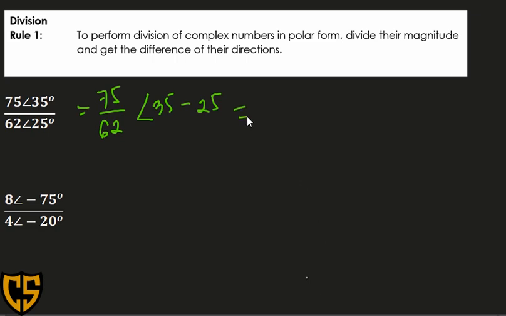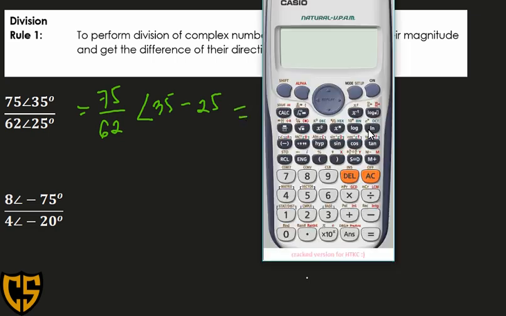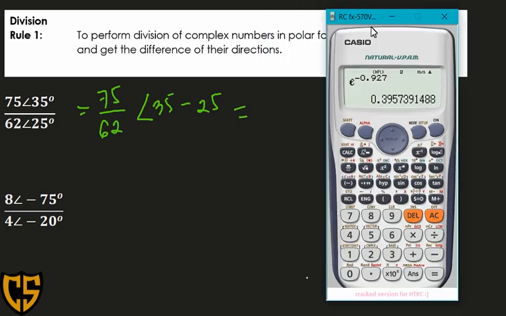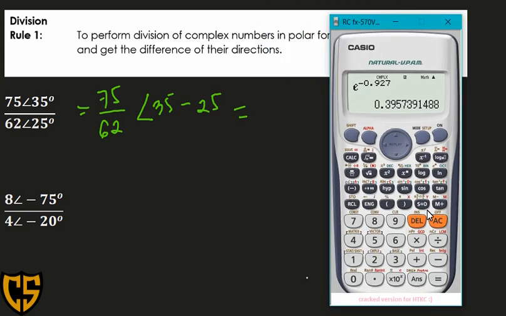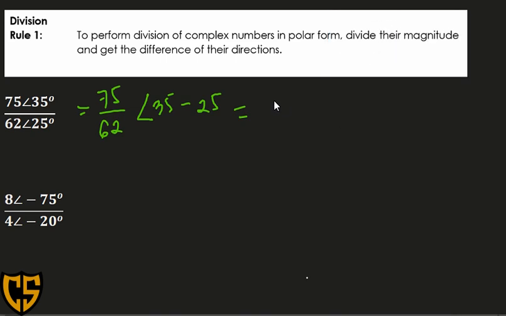Our value will be 75 divided by 62, which is equal to 1.209. So we will have 1.209 at an angle of 10 degrees. This will now be our final answer.